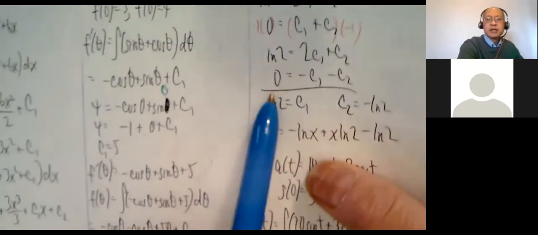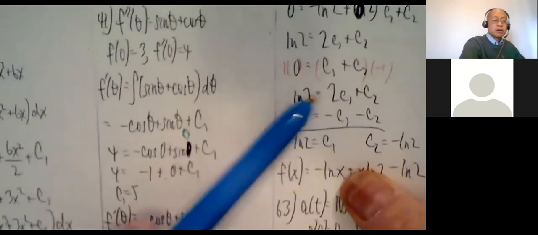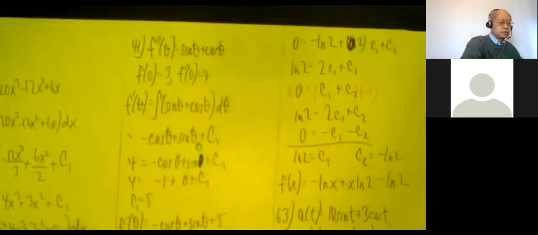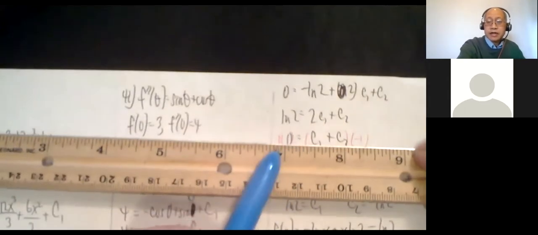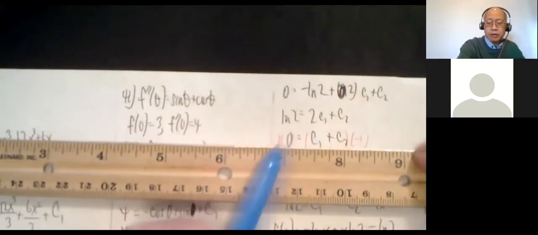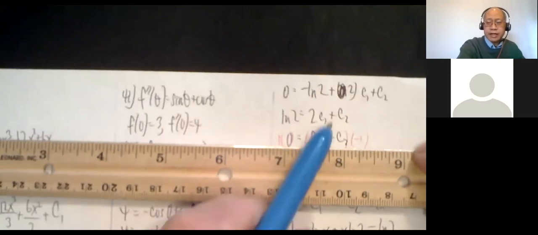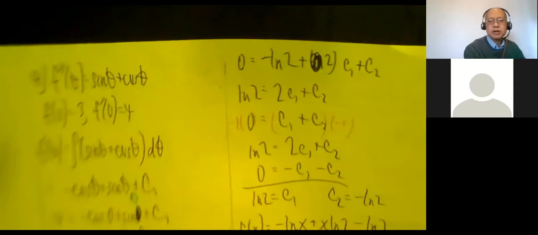I also had 0 equals c1 plus c2 way down here. And now you might recall we have a system of 2 equations and 2 unknowns that you can solve from algebra, right? So what I decided to do is multiply both sides of the second equation by -1, and then I'll add, by elimination. So natural log of 2 equals 2c1 plus c2.